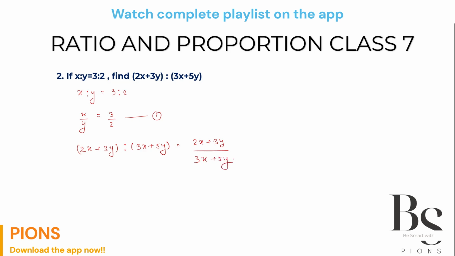Great. Next what we will do? Now you have to be very careful. Now we will divide the numerator and the denominator with y. Sir, why are you dividing it? That we will understand in the next step. So let's divide separately the numerator with y.